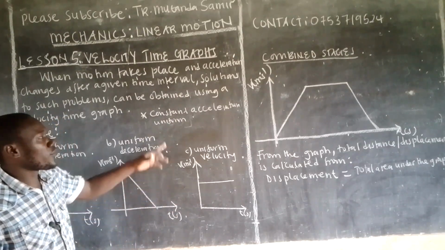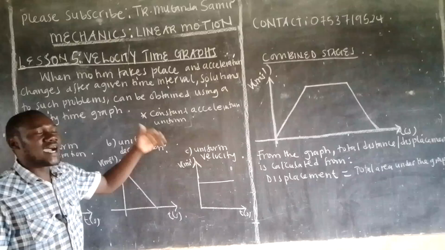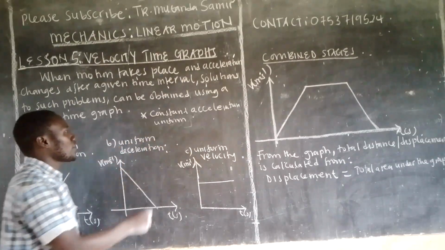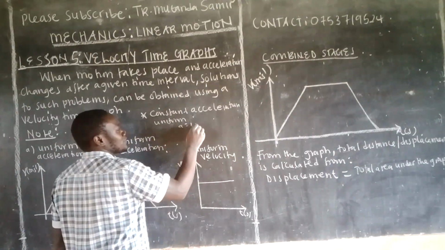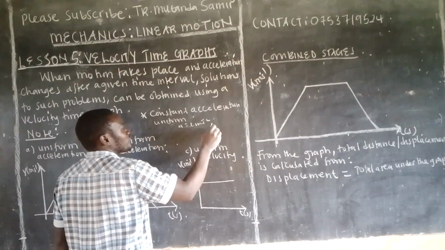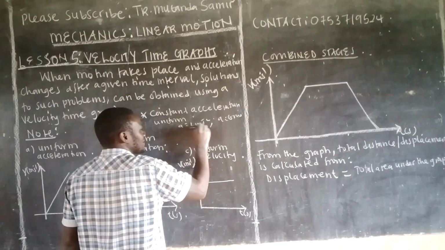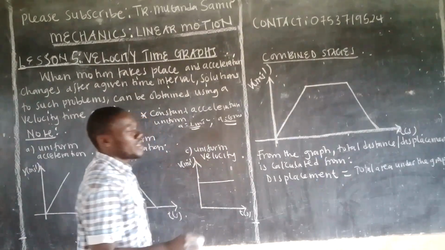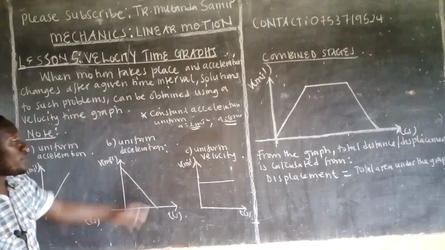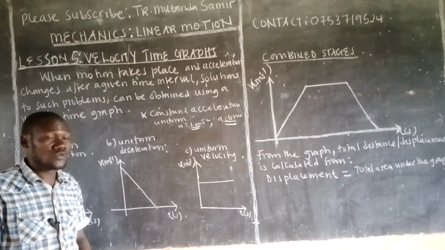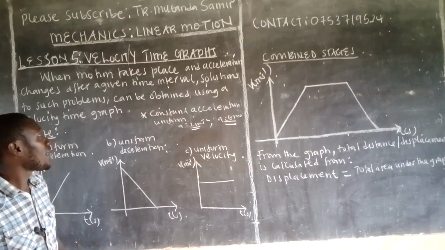But if we see a constant acceleration, and then after some time it changes, like for example a body was moving at 2 meters per second squared, then after 10 seconds it moved at 6 meters per second squared, once the acceleration is changing, it means we must use a velocity time graph to get that answer.